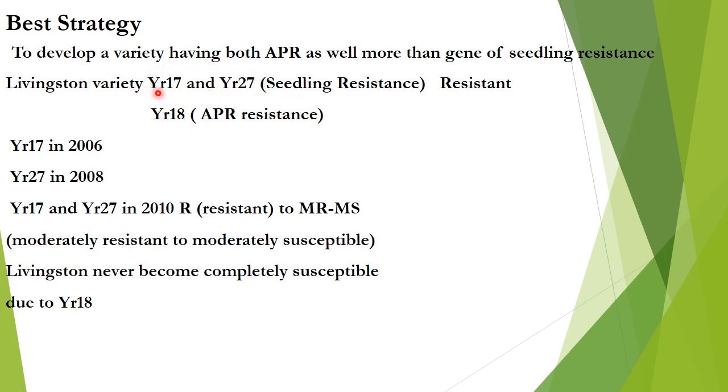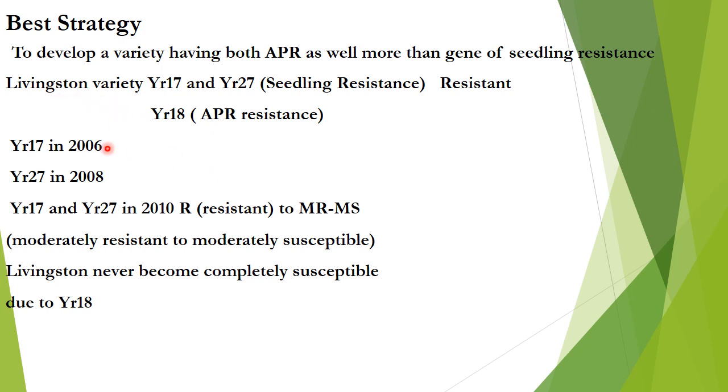However, along with these two genes, the Livingston variety also has an APR gene known as YR18. So this variety has two seedling resistance genes and one APR gene, and that variety remained successful.